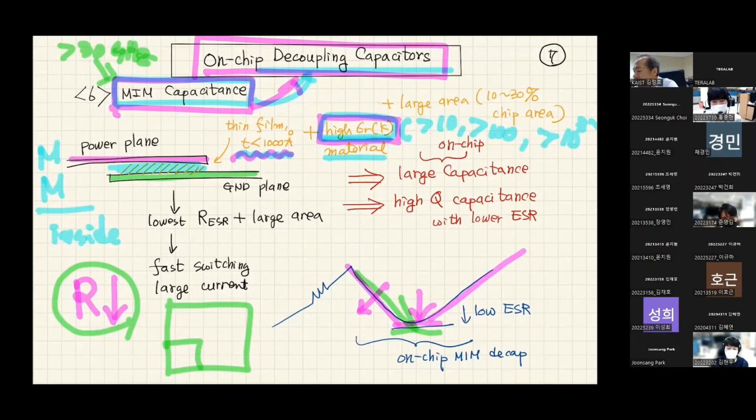And eventually the inductance will be determined by the grid size. If you are using a very small grid size, you're going to have lower and lower ESR. This MIM capacitance is a very important, useful, and powerful solution for on-chip decoupling capacitors.